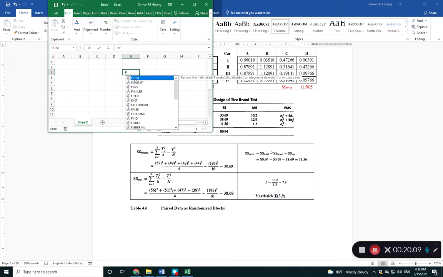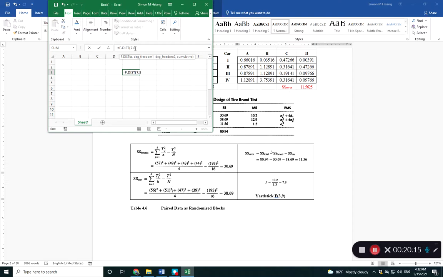No, we'll do F distribution first. F distribution, I will have my 7.8, that's my ratio. And the degrees of freedom upstairs is 3. Downstairs is 9. And I need to say it's using cumulative, so using 1.